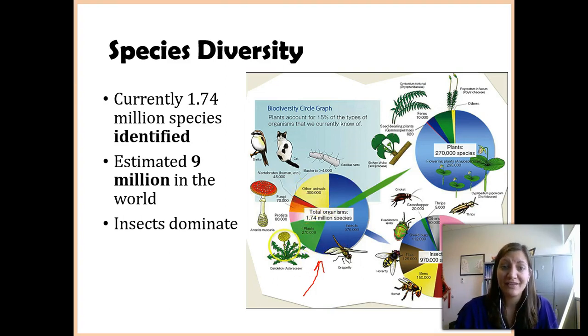They outnumber plants. They outnumber vertebrates, or things with a backbone. They're way far ahead of us. We estimate that in the world, we probably have about 9 million species in total. So we have a lot left to discover. A lot of them are in remote places of the earth that we can't access yet, or they're too small for us to find, or they are so shy, so to speak, that they're harder to find.